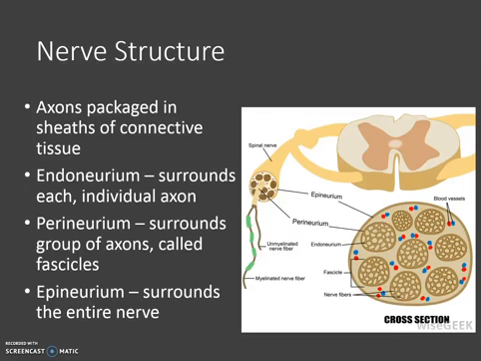In the nerve, we also have fascicles, but it's a group of axons, and it's surrounded by a layer of connective tissue called the perineurium. And then the entire nerve also has a layer of connective tissue called the epineurium. So you've got the endoneurium around the axon, perineurium around a fascicle or a group of axons, and then the epineurium around the entire nerve.